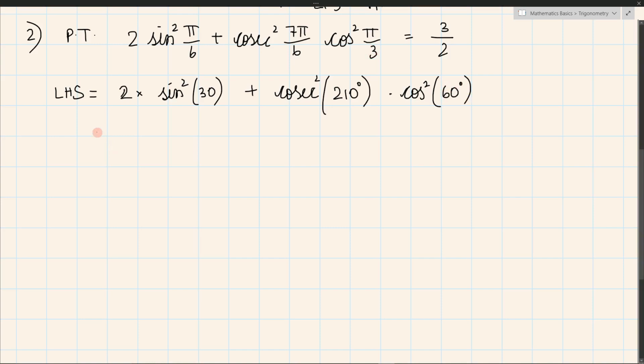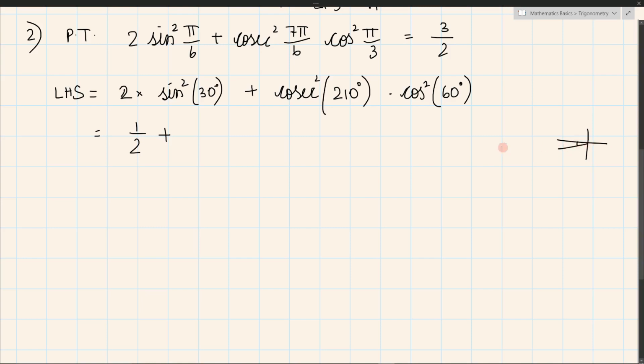So we have 2 into sin² of 30 degrees. Sin 30 degrees is nothing but 1/2. 1/2 whole square is 1/4. 2 into 1/4 is 1/2, plus cosec of 210 degrees. 210 degrees is in the third quadrant, somewhere around here, right?